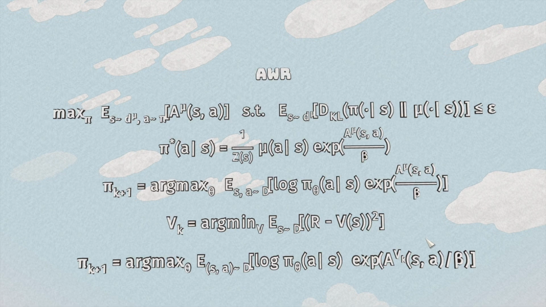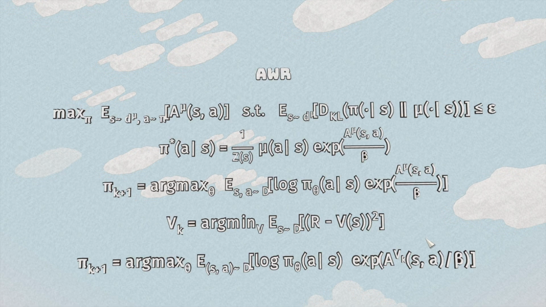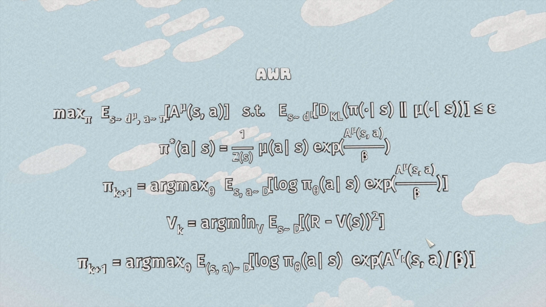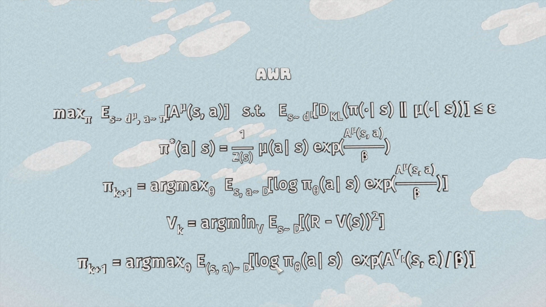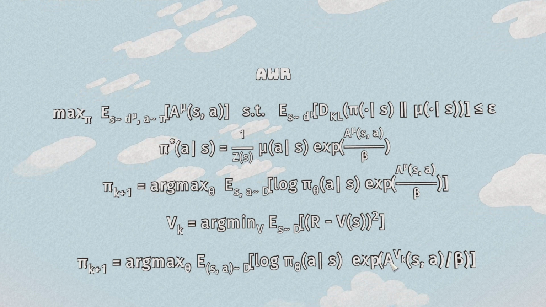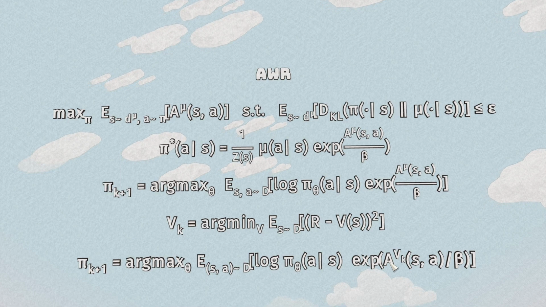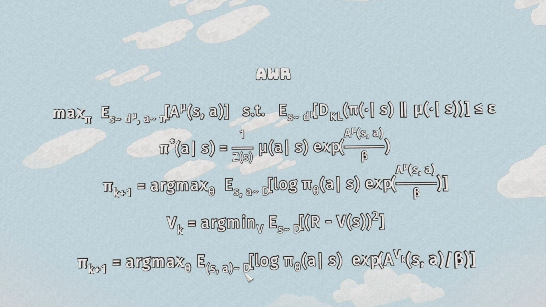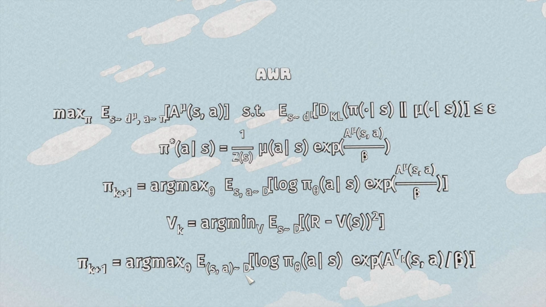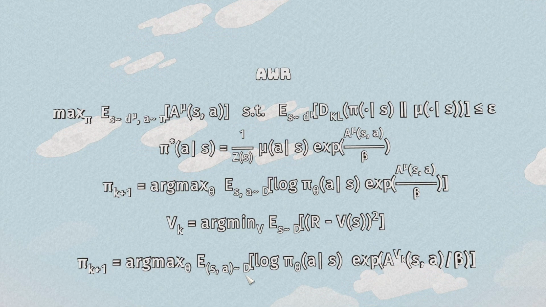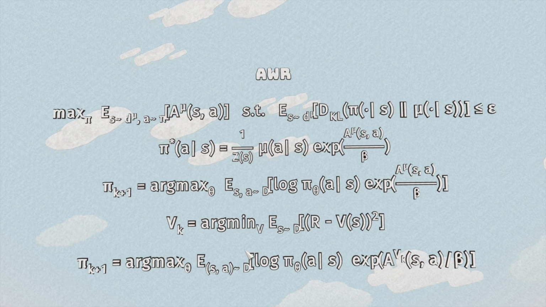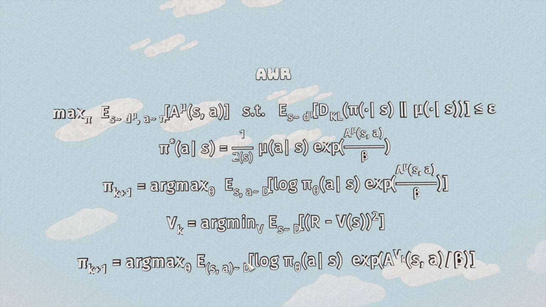Projecting pi star onto a parametric policy via forward KL is the same as a weighted log likelihood with exponentiated advantage weights. The exponentiation is taken over uniform samples from a replay buffer D rather than over the discounted state distribution d mu. Each iteration of AWR is two regressions, a value regression for the baseline and a weighted policy regression for the actor.